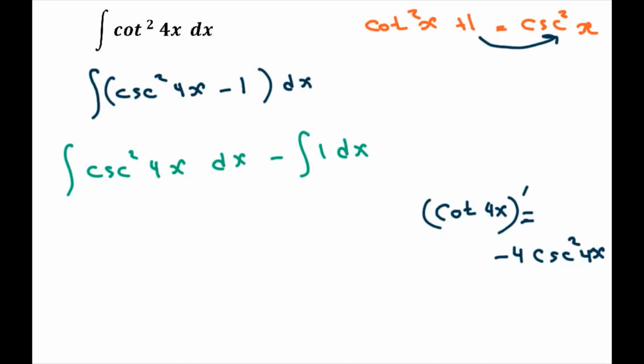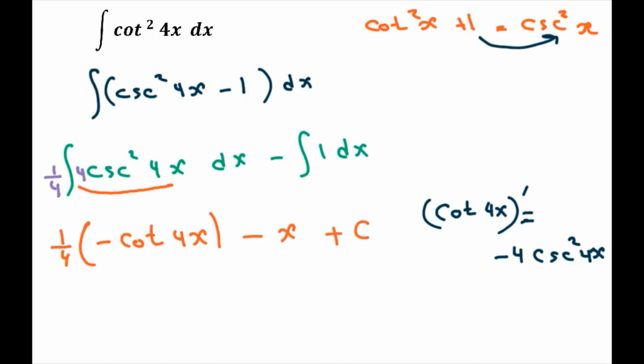So I need 4 here and 1/4 out. Now the integration 1/4. The integration of 4 cosecant squared 4x is negative cotangent 4x, minus the integration of 1 is x plus constant. So finally negative 1/4 cotangent 4x minus x plus constant.